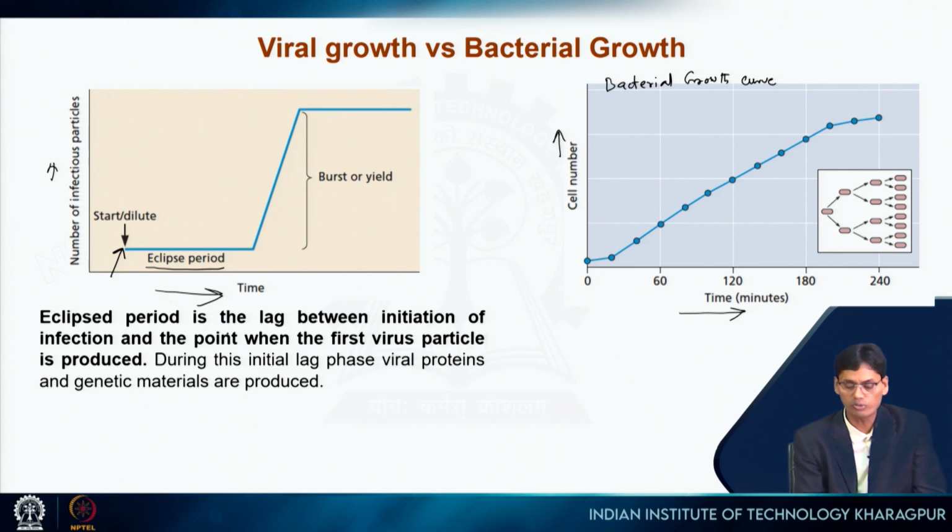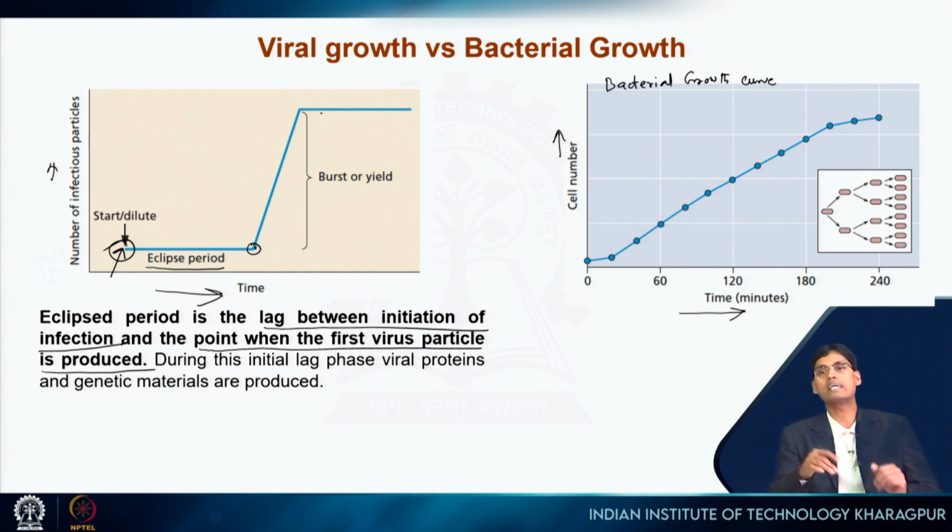It is the lag between the initiation of infection and the point when the first virus particle is produced. From here, this is the burst phase. Up to that time, you can detect no viruses inside the cell or outside the cell.